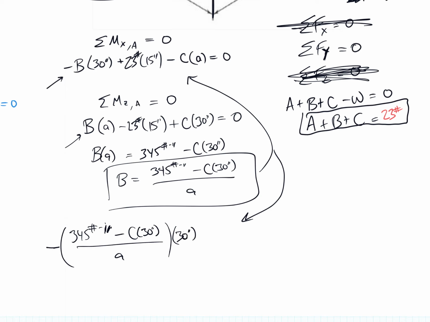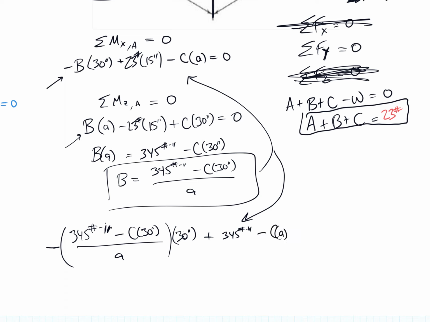We'll do that in a second. Plus 23 times 15, which we decided was 345 pound inches. Some of you may have noticed, pound inches, pound feet. What is that? Well, that's usually a torque, and a torque is nothing other than a fancy word for a moment.